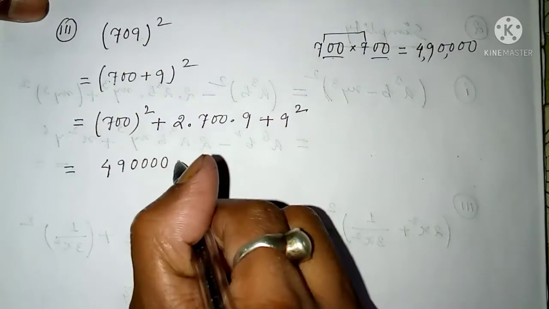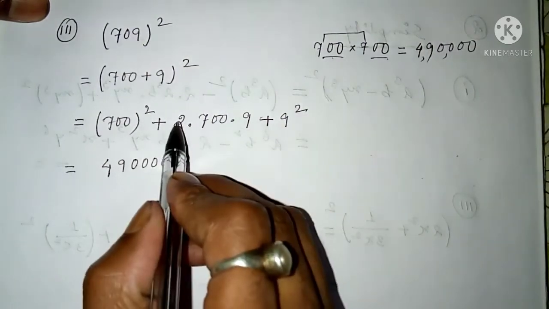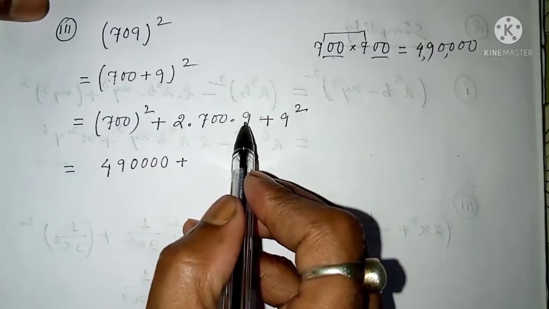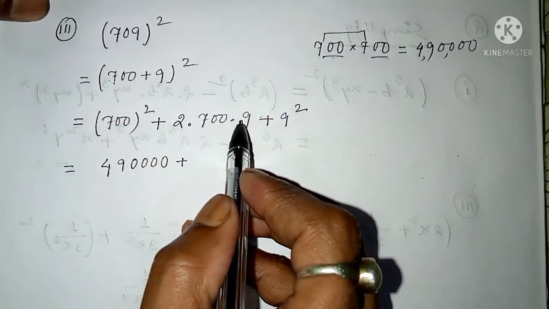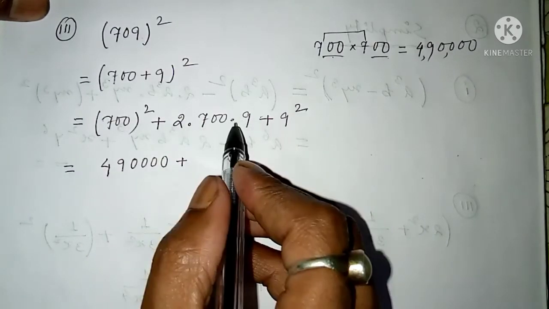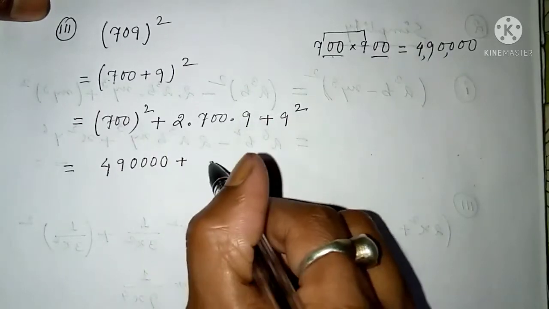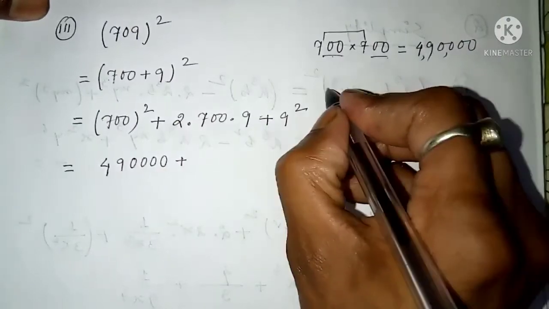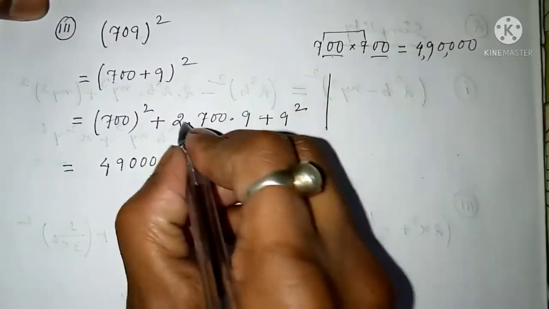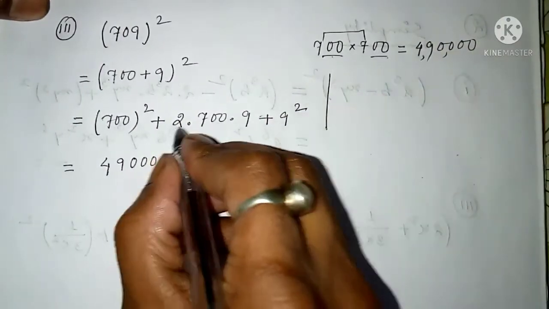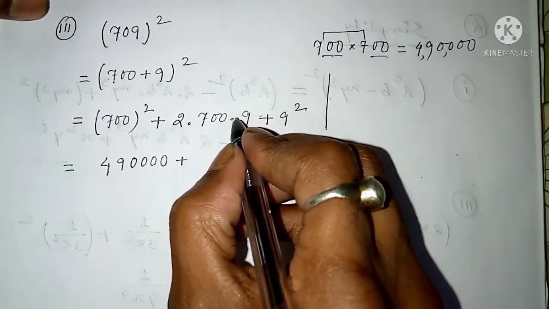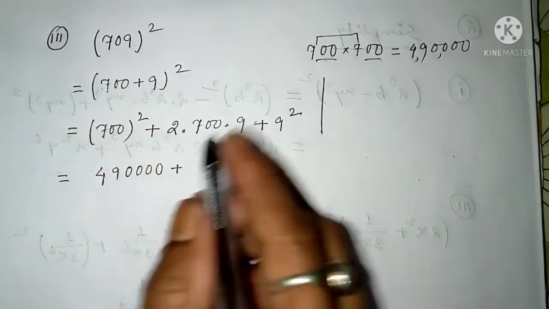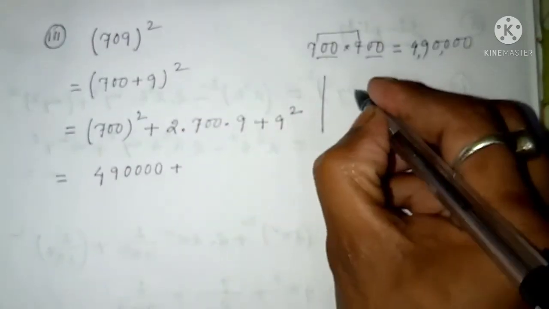Then you can see 2 into 7 is 14, and then 14 into 9 gives us 126. Here also, first of all we'll multiply 2 into 9, that is 18.